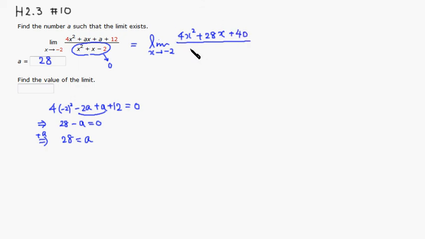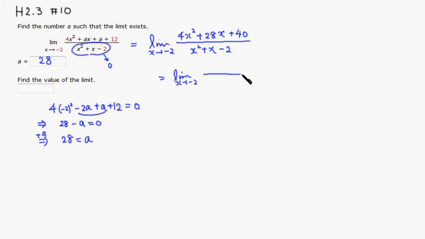Right, all over x squared plus x minus 2. Then we have to factor, so this is going to be equal to the limit as x approaches -2.